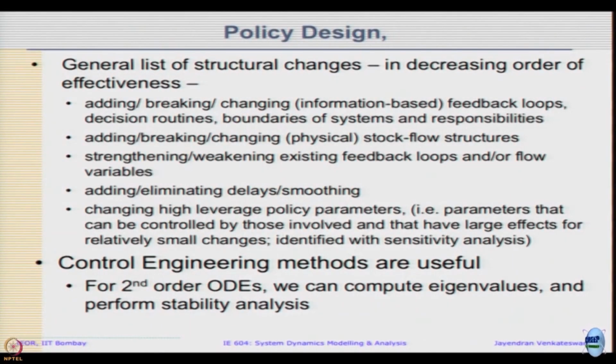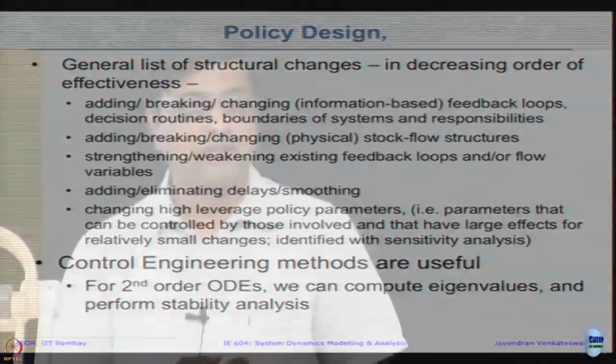Control theory and control engineering methods are also very useful. For example, if the systems are second order ODEs, we can compute their eigenvalues and perform stability analysis. You can do Z transforms for discrete event systems and calculate their stability boundaries. Bounded input, bounded output (BIBO) stability analysis can also be done.